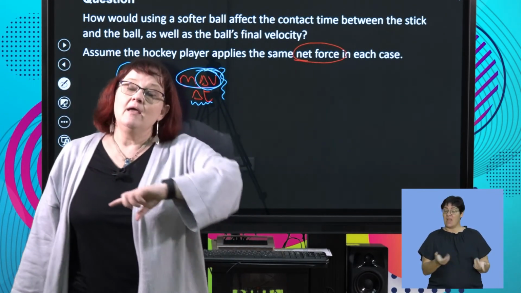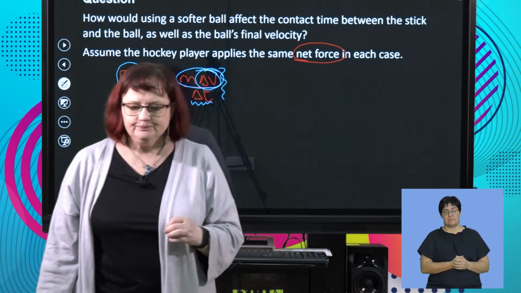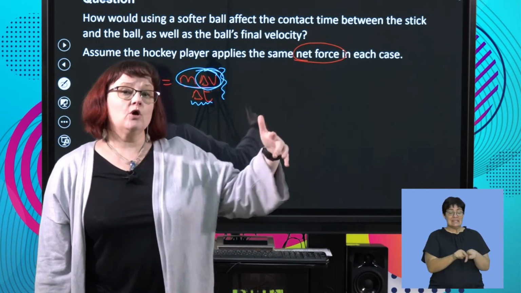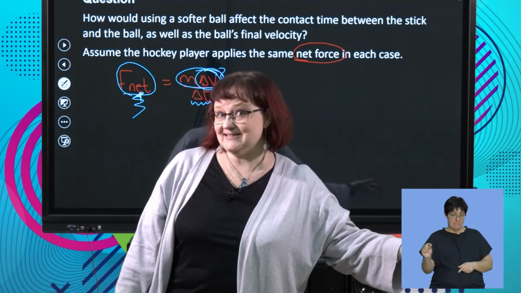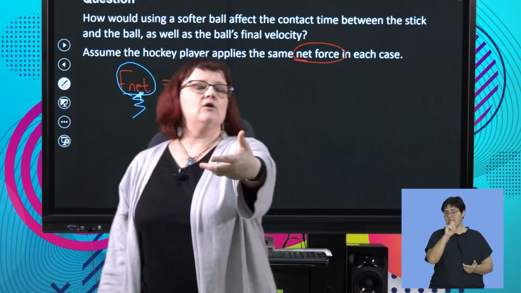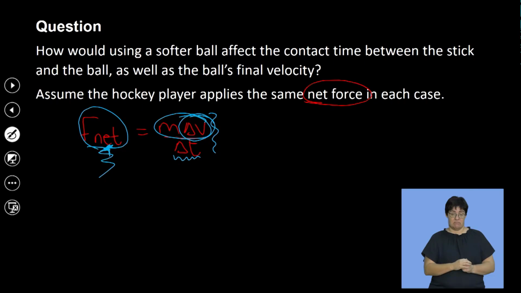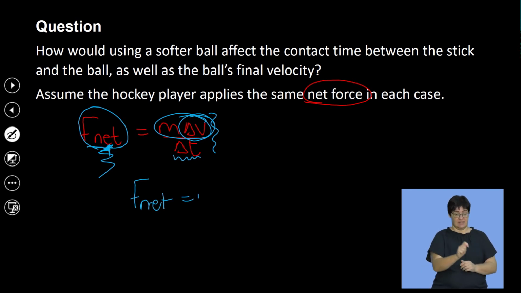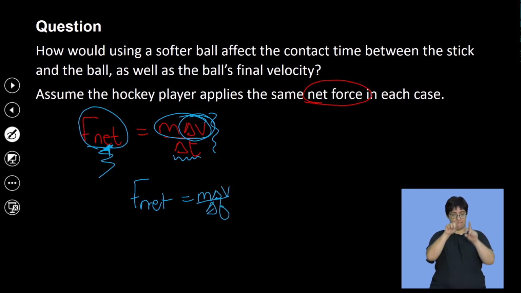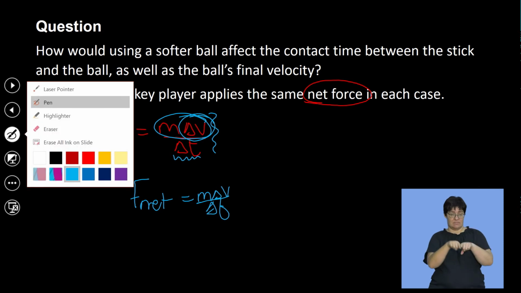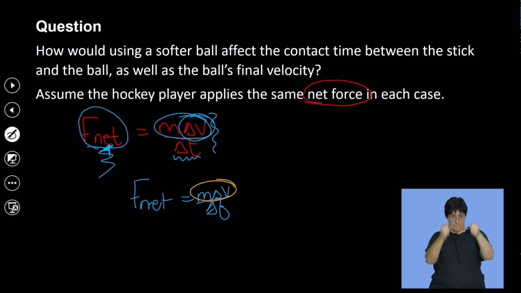Okay, if instead I said to you that the ball goes off with the same velocity, I could then ask you what would the F net be. Well, let's just write this again because now it's getting all messy. So this time, I'm keeping that the same, okay?